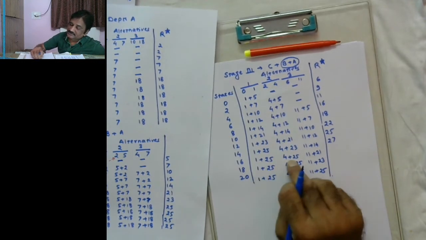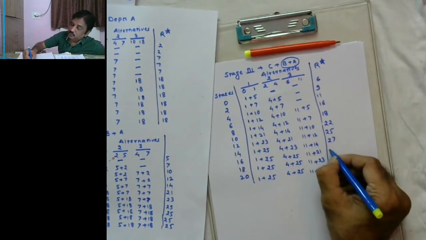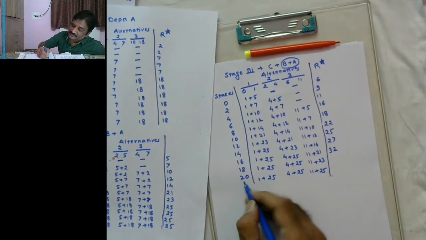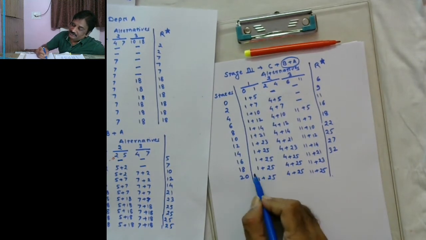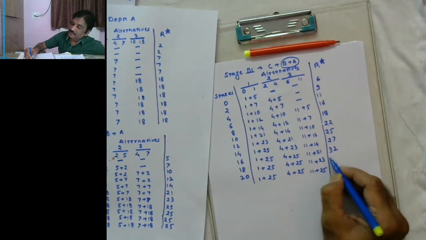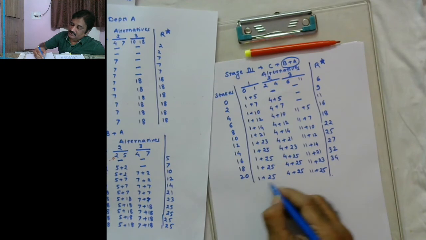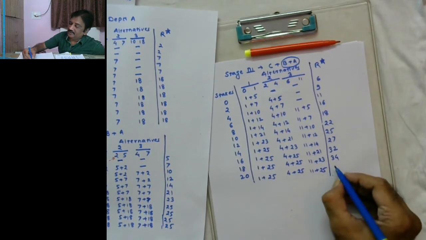This is 26. This is 29, and this is going to be 32. 32 is maximum. Then for 18, this is 26, 29, and this is what? 34. And lastly, 26, 29, and 36.